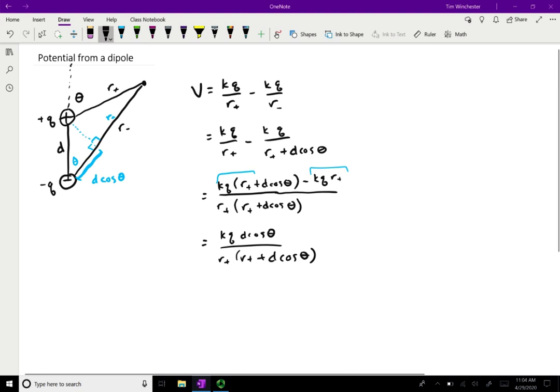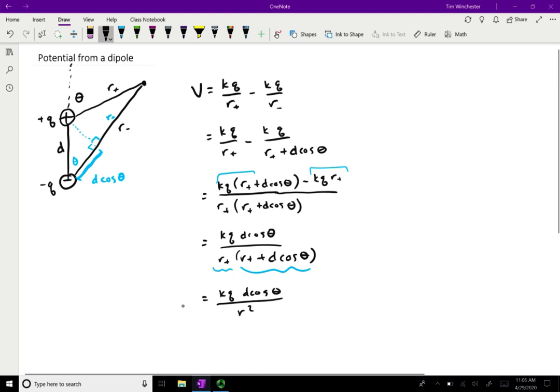So I'm going to call both r plus d cosine theta and just r plus approximately equal to r. When I do that, I get kq d cosine theta over r squared, where r is maybe the average distance between the point we're interested in and the dipole.